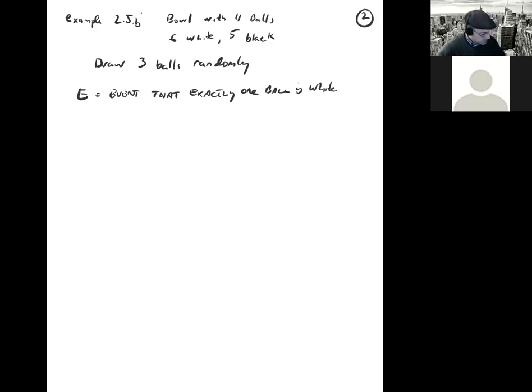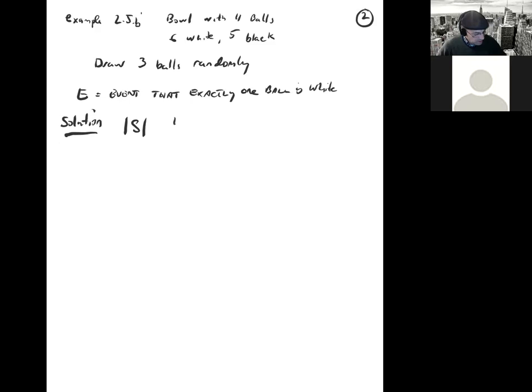Okay, so here's the solution to this problem. The idea is first of all, let's figure out the cardinality of the sample space here. The sample space is all ways of drawing 3 balls out of the urn or the bowl, right? And if we grab 3 balls out of the bowl, we're selecting 3 balls from 11 balls.